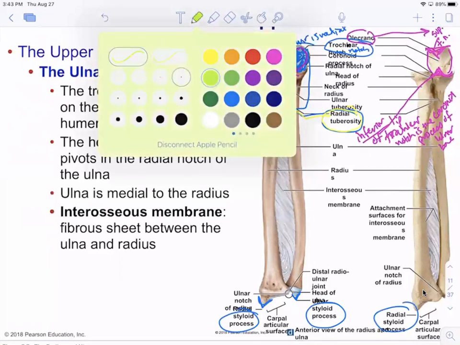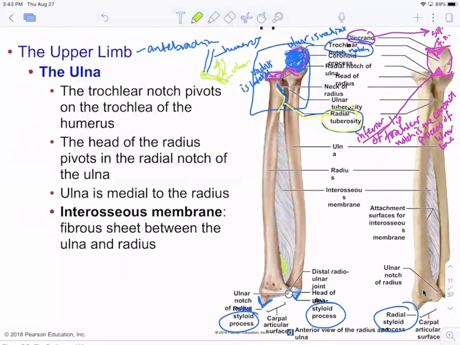And then we have this membrane that goes between the radius and the ulnar bones, and it forms a flexible attachment site for muscles and all the things that we have in our lower arm. So it's between two bones. Osseous is bones, and we went over that in chapter 5.